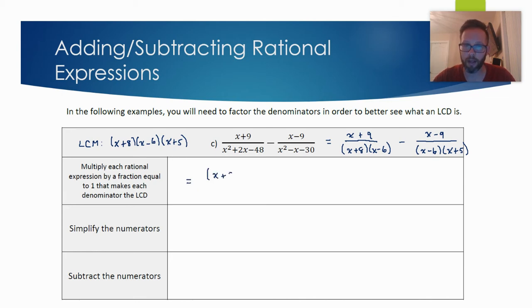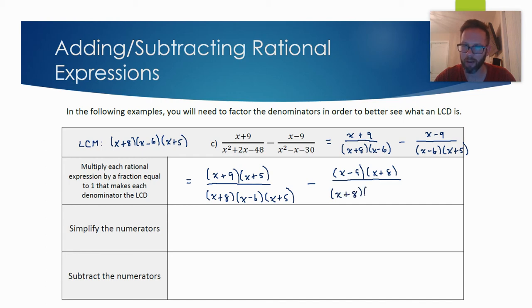What does this first guy need? That guy needed the x plus 5. All over x plus 8, x minus 6, x plus 5, minus. What did this guy need on the right? This guy needed the x plus 8. Multiply top and bottom by x plus 8. And I'm just going to make the numbers the same.